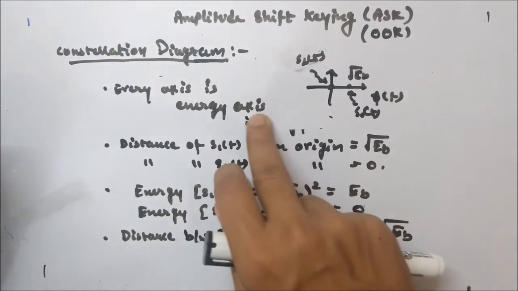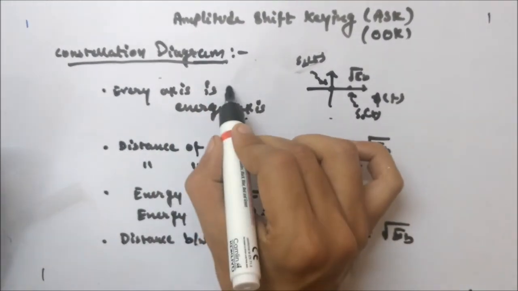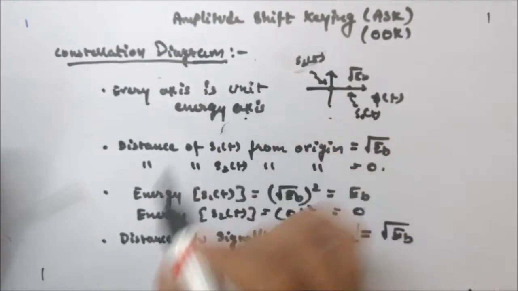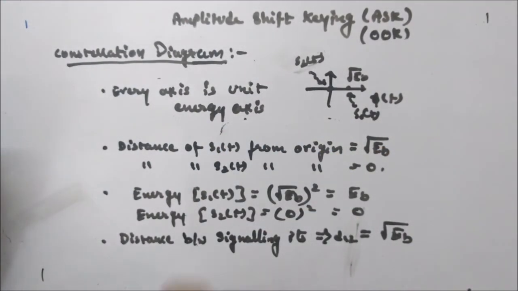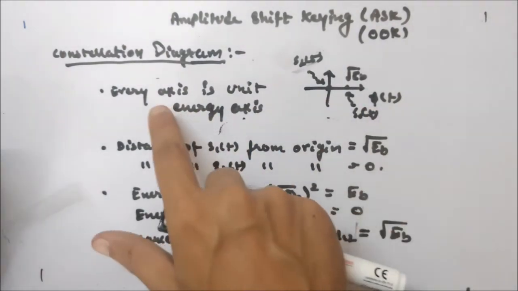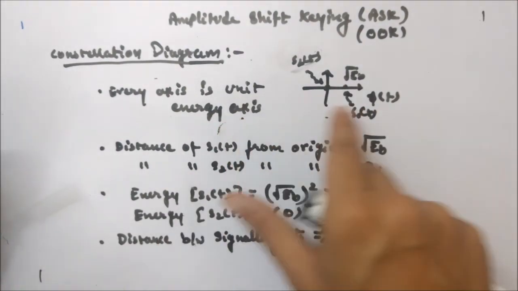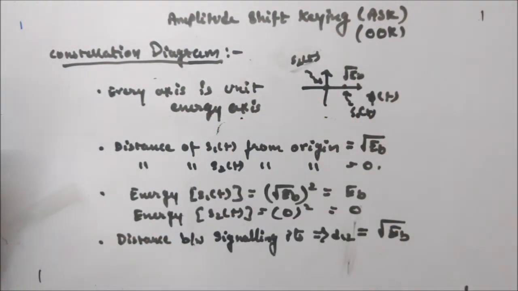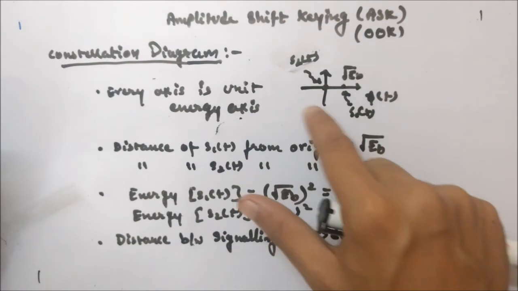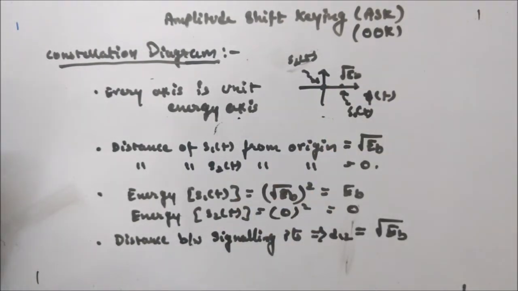Every energy axis is a unit energy axis. You have to remember this. In this case this axis is our phi t, which has unit energy, so that is why this is a unit energy axis, and from it you plot the amplitudes of S1t and S2t.